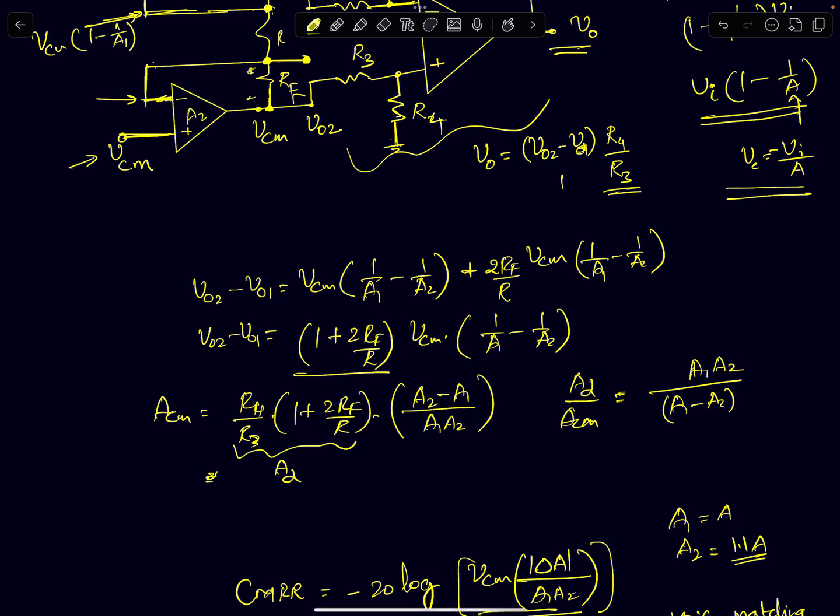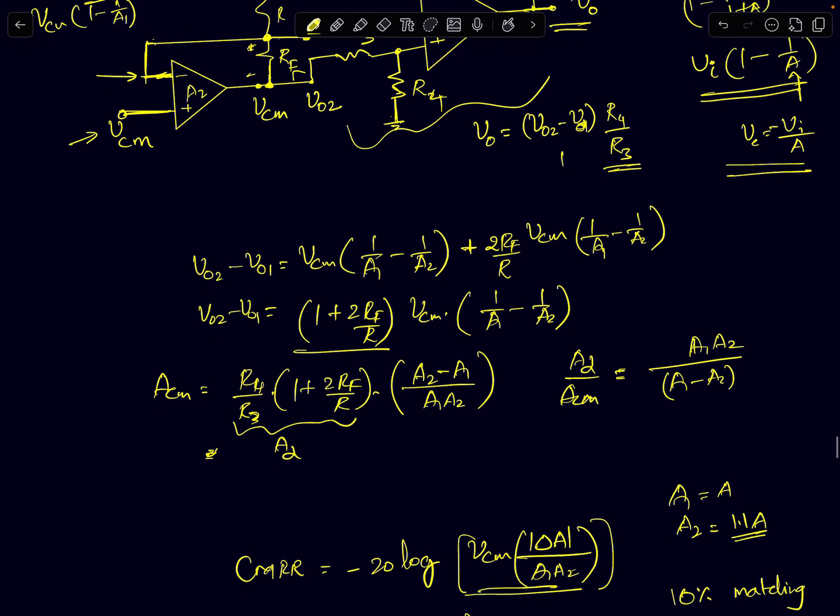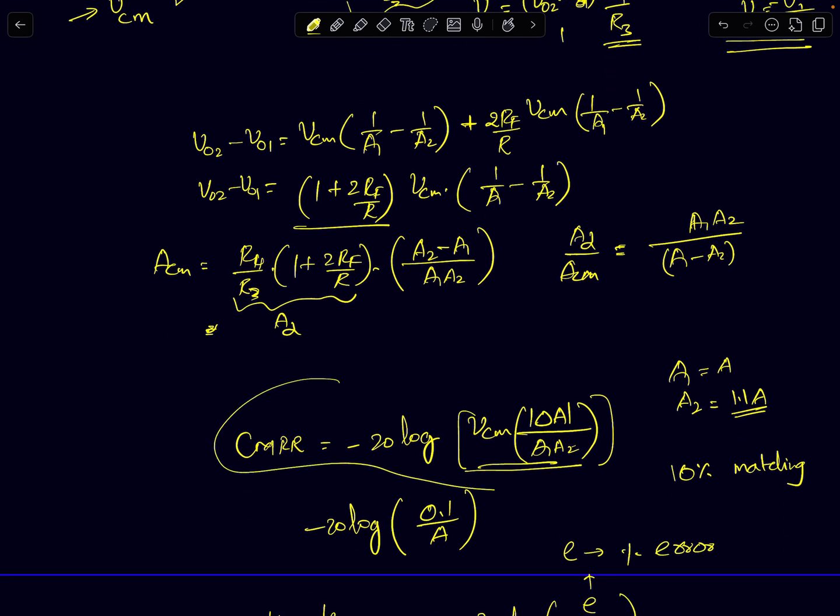Now from this, your CMRR, I can simply take 20 log of and I get this expression. So your CMRR is given by minus 20 log, minus because I've just inverted this, of delta A upon A1 A2.